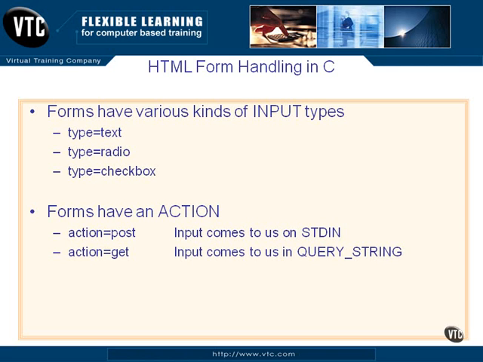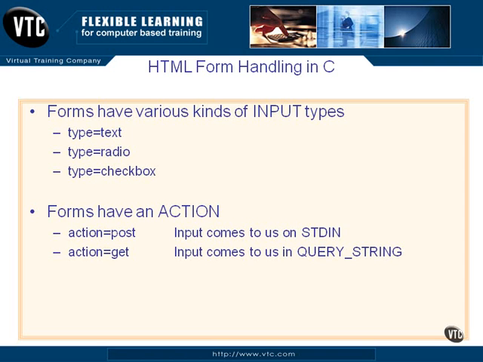The action equals post means that the input data that is in the form, all the variables and the information that our client types in, will come to us on the standard in. Now, we're used to programming using the standard in. We've used scanf and printf to go to the standard out, and getchar and things like that to read the standard in. So that's pretty common. We've done a little bit of that. What we want to take a look at, though, is the query string.